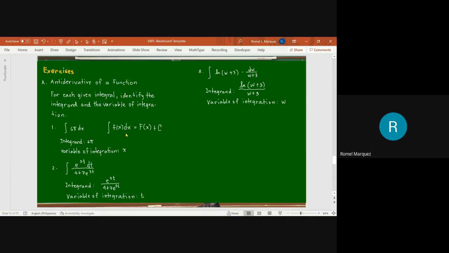What about guessing the antiderivative? I am not expecting you to be able to answer this immediately, but you can guess. It's like trying to find a function that, when you get the derivative, gives the integrand. Is that clear, guys?